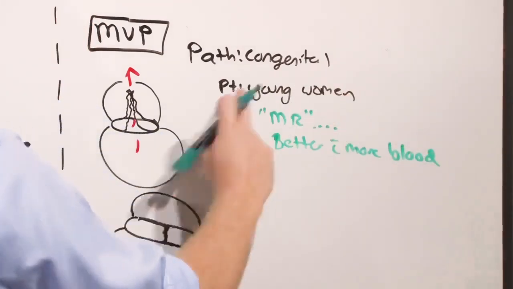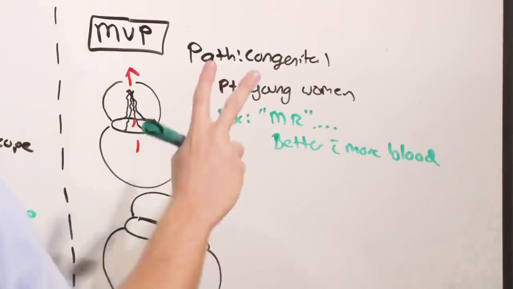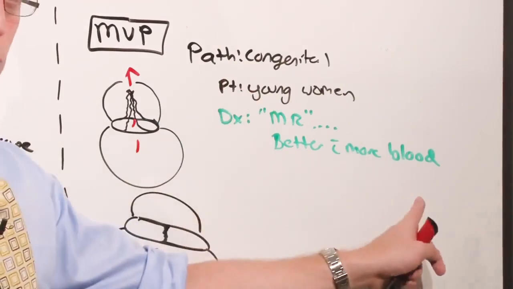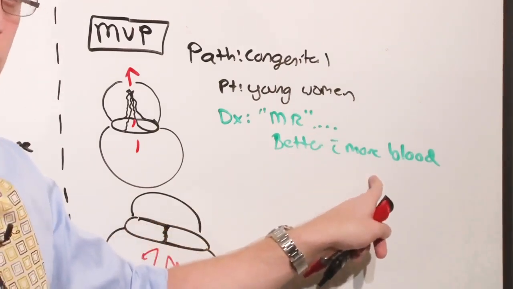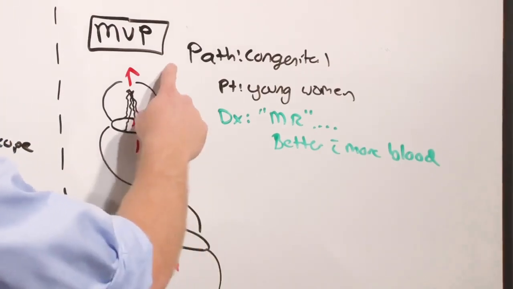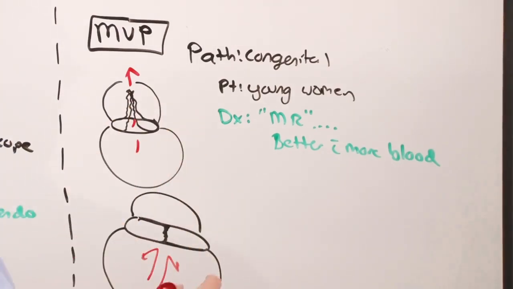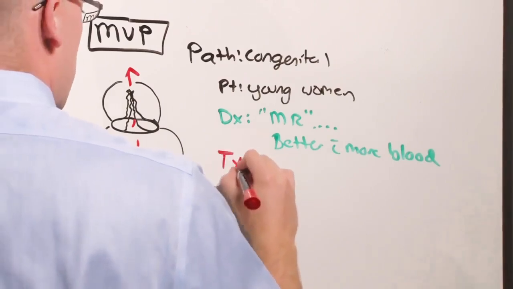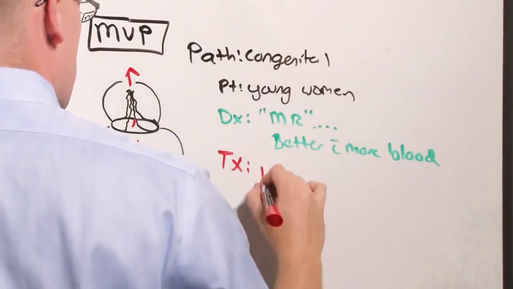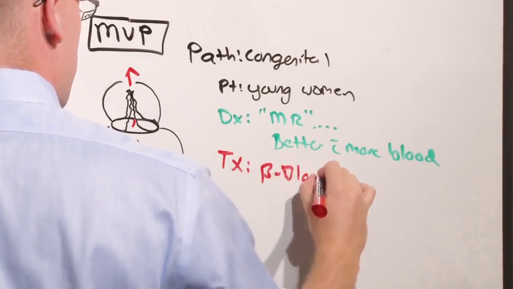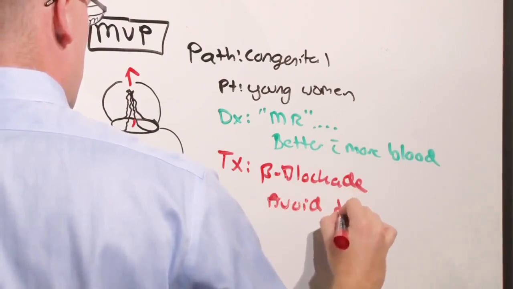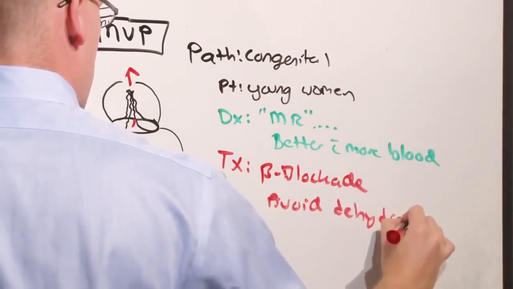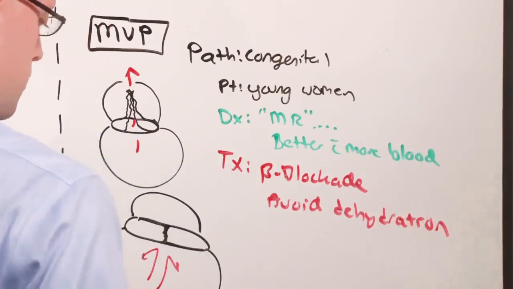So a young woman who has not had rheumatic heart disease, who has mitral regurgitation, but it's better with more blood, heard the same murmur, but better with more blood, that is leg lift or squatting, probably has mitral valve prolapse, diagnosed definitively by the echo, and the treatment is avoid dehydration and beta blockade. This does not need to be replaced.